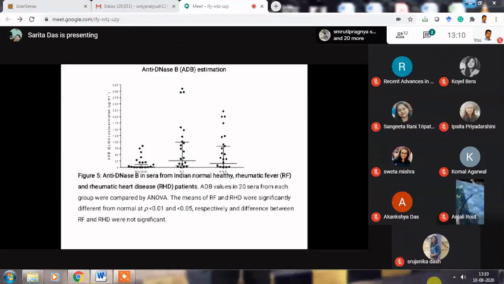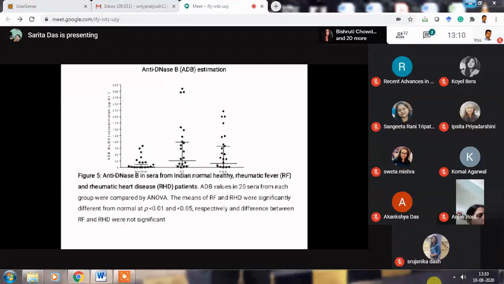Samples were from India, China, and the US. These samples were for different studies, but they were used to estimate their anti-DNase B, meaning antibody to DNase B, which is detected using the ELISA format.